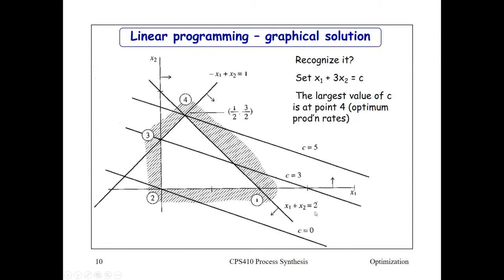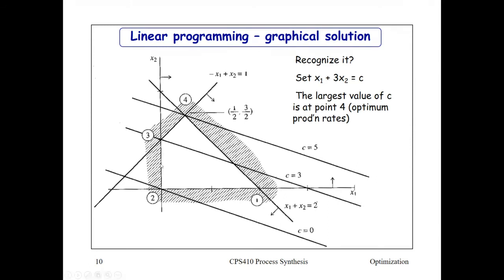So that's the sum of the two production rates must be less than or equal to 2. And this side of the line, let's say x2 equals a half, x1 equals 1, then we'll have 1.5 is less than or equal to 2, which is correct.